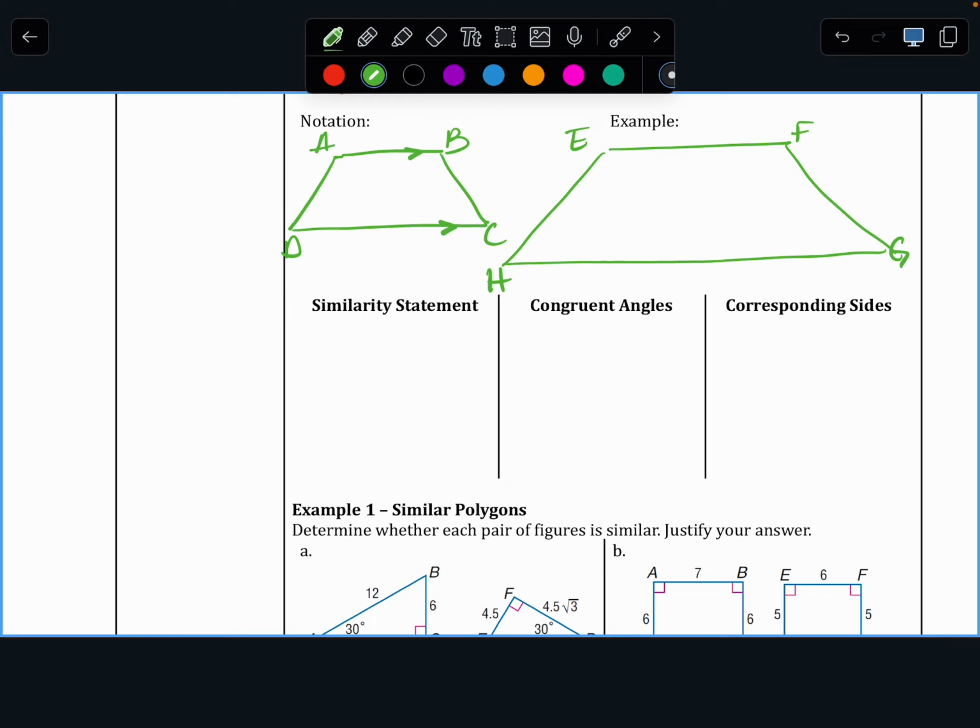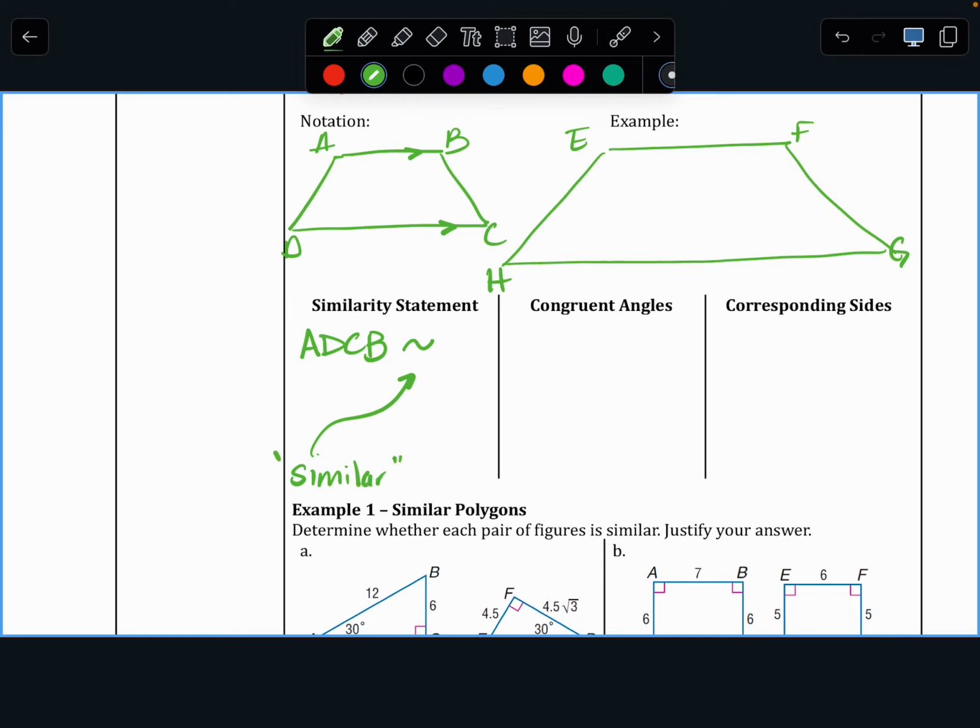Give me the names of the letters in any order you want. A, D, C, B. A similarity statement is where we name them like we named triangles before with the same order. That symbol means similar.